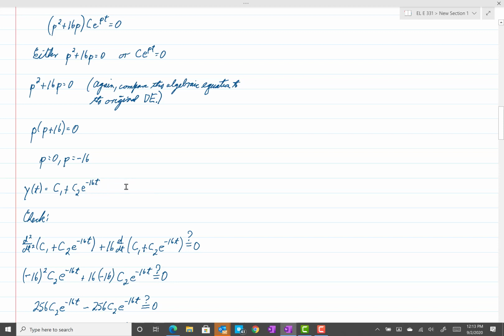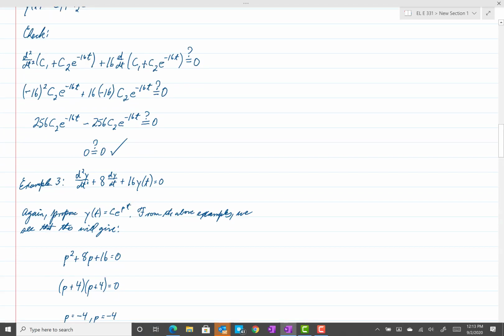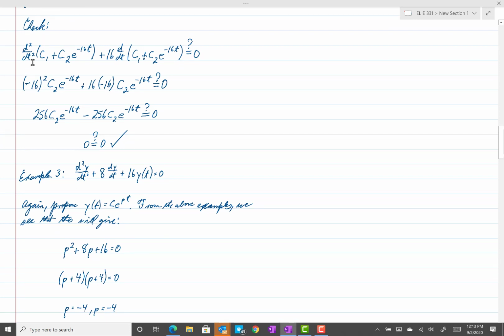Once again, we can substitute that back into the differential equation, d squared y dt squared plus 16 dy dt, and see if that really does give us 0. And let's see how it will go.